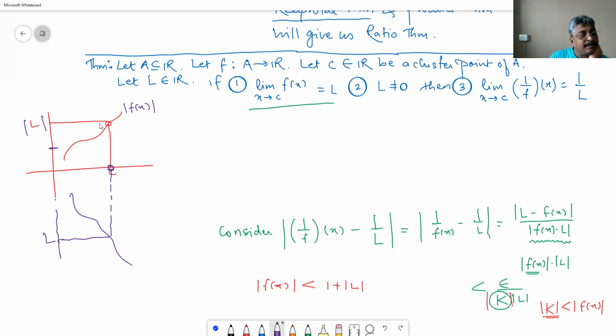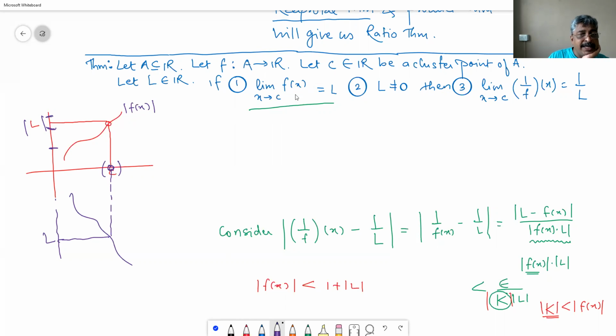Now do you understand? So what we do is, whatever epsilon is given, we can find the corresponding delta near c for every epsilon, because this limit is given. It is given to us that for any epsilon you will be able to find a delta.